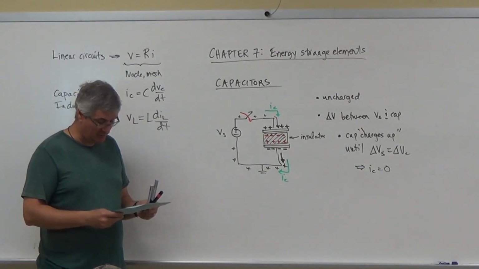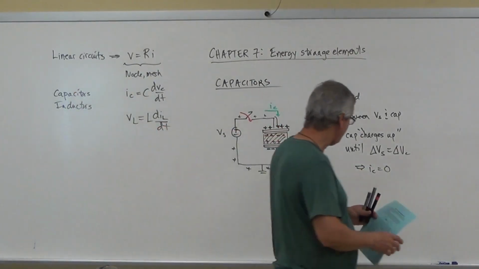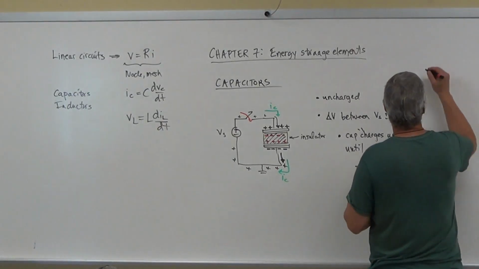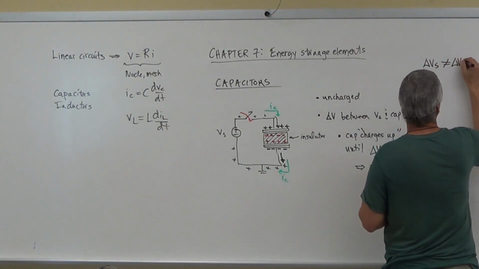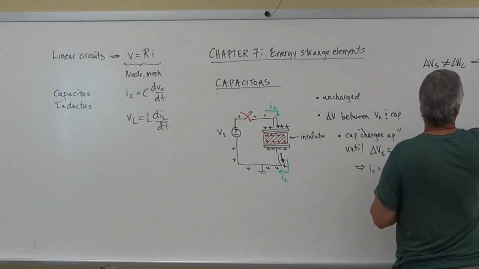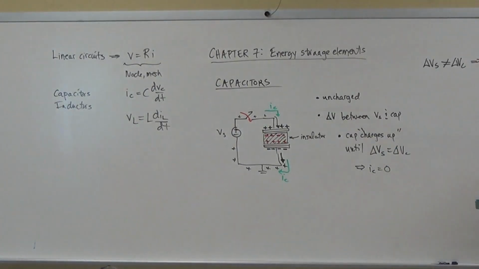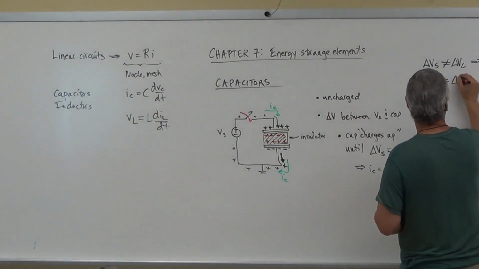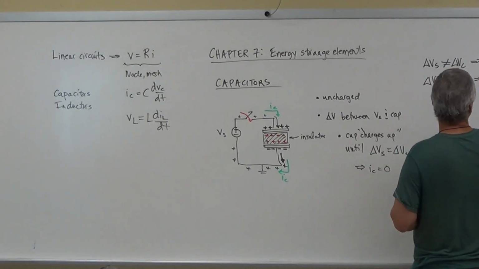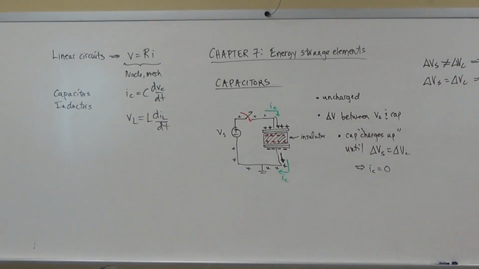So one of the things that we find here is that we could summarize: when there is a potential difference between these two, then the current in the circuit is not zero. When these two are equal to each other, then that implies that the current is zero.